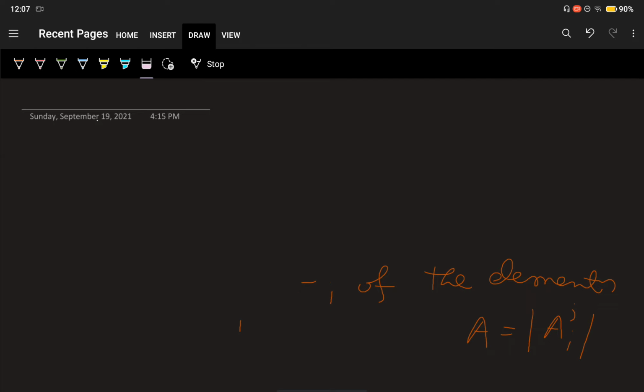You can understand the dummy indices, that's it. So this is now differentiation of a determinant.